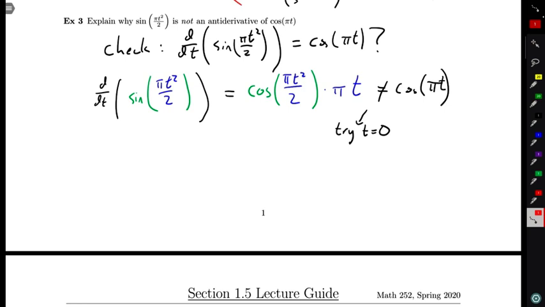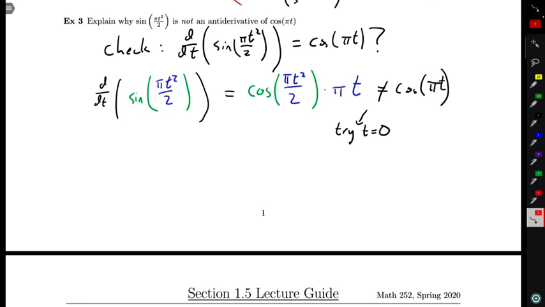We got a function whose derivative was kind of close, but maybe not that close. Some issues that we ran into here were this extra pi t floating around outside of the function, and we also had this pi t squared over 2 inside the cosine. That wasn't so great. But something that went well for us was, well, we at least got this cosine.